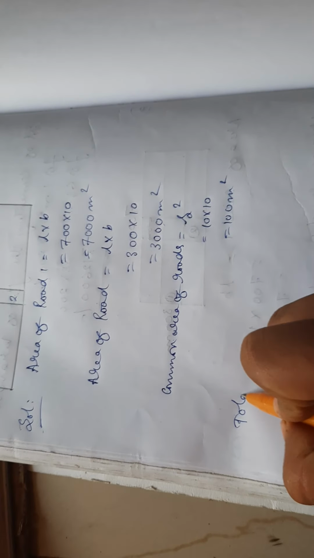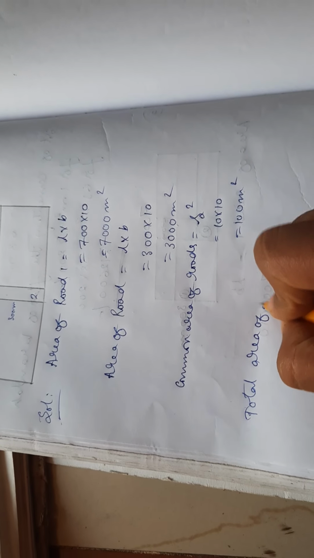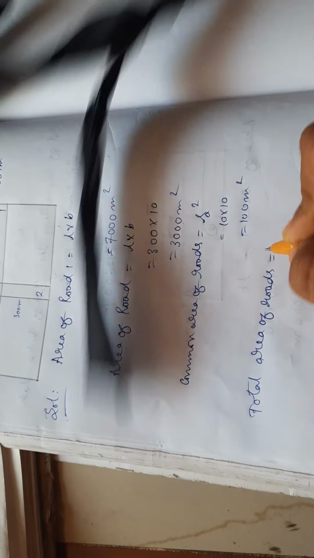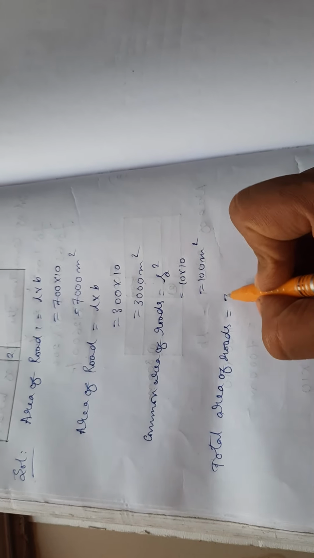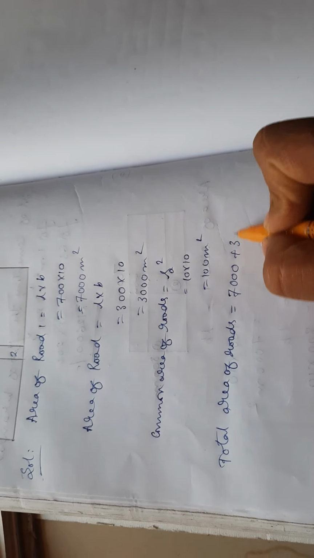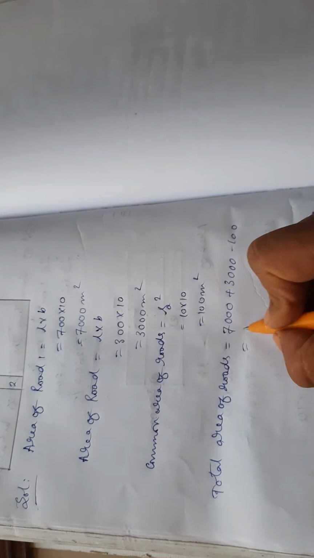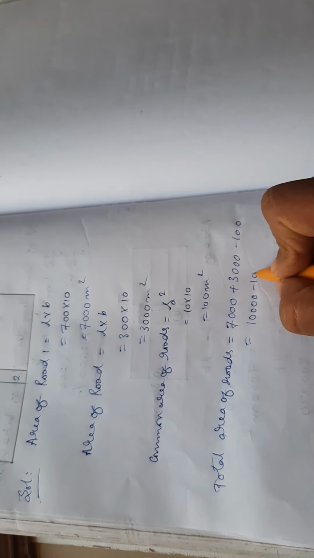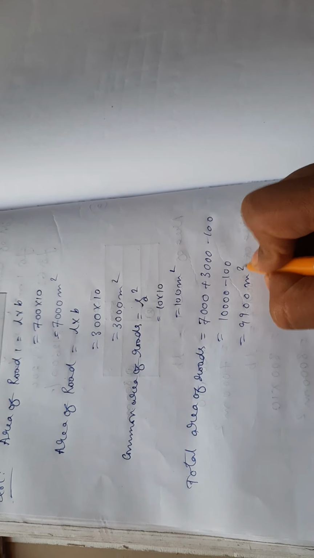Now total area of roads is equal to this one area plus this one area minus this area. So 7000 plus 3000 minus 100, which is equal to 10,000 minus 100, 9900 meters square.